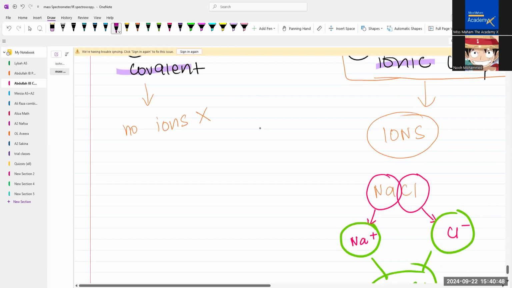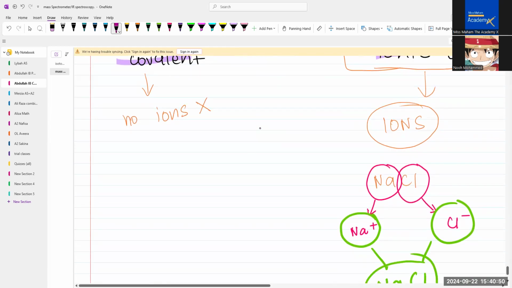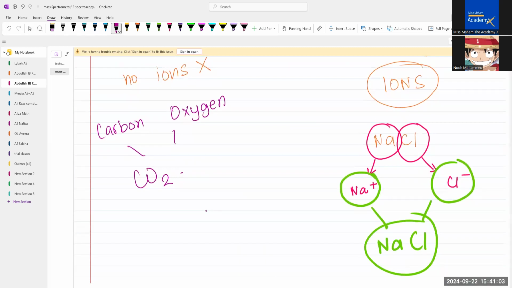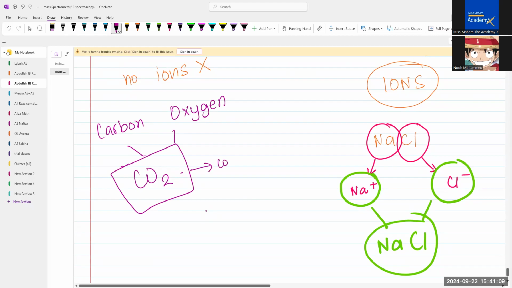Covalent compounds can be, now if I'm talking about carbon and oxygen, meaning CO2, right? Are these made up of ions? No. So I'm going to call this a covalent compound.